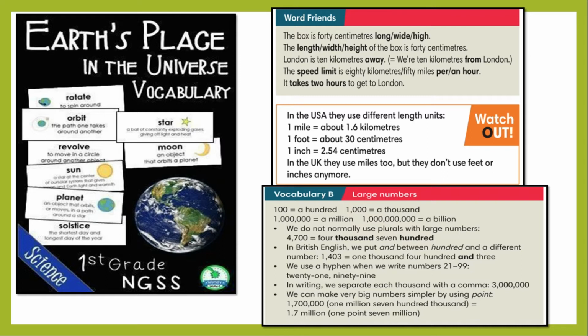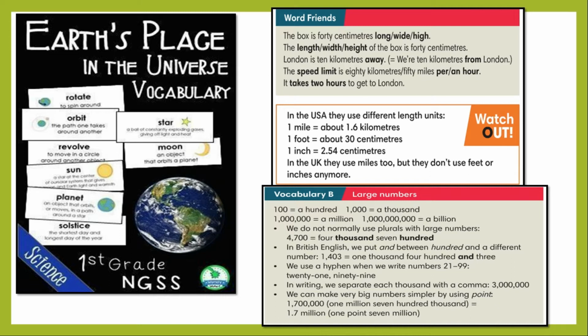Both are accepted. It takes 2 hours to go to London. It takes 2 hours to get to London. When I'm using the verb to take, what does that mean? The time being spent. Great, very good. So it takes 2 hours to get to London.